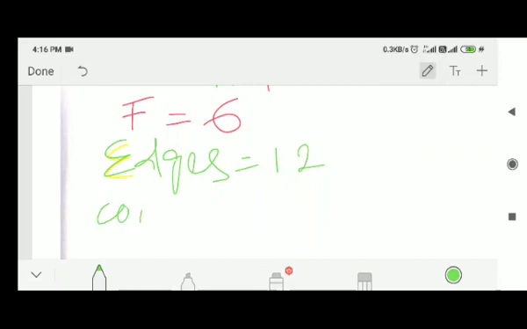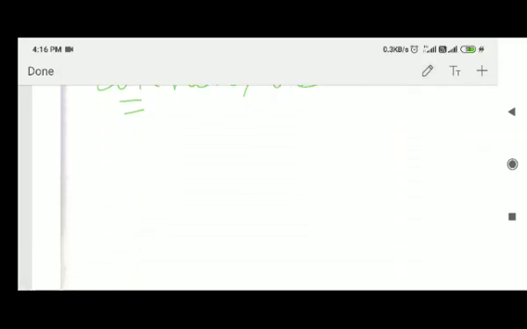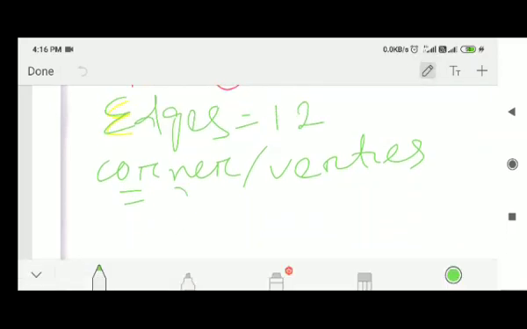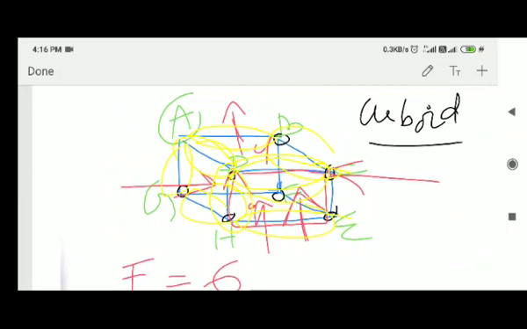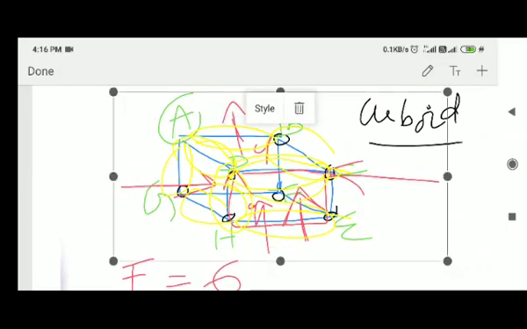So faces 6, edges 12, and another is your corners, or you can say vertices. How many vertices are there? There are 8 corners or vertices. This is A, B, C, D, G, H, E, F, all the vertices.